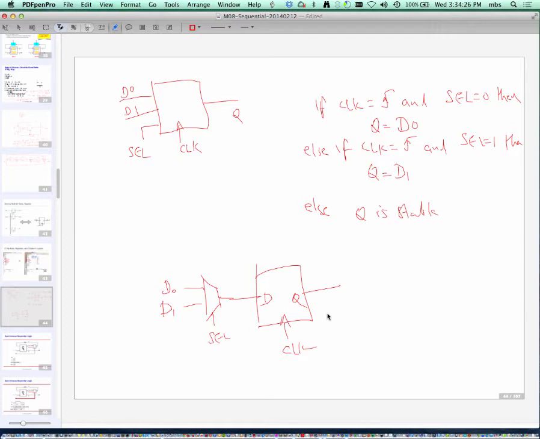That is, I'm storing one or the other depending upon what the value of select is. So you'll find, generally speaking, it's a very powerful combination to have registers with muxes and some simple logic before it to be able to implement all sorts of more complex behaviors.